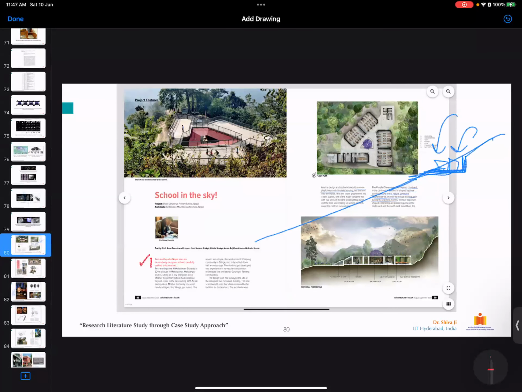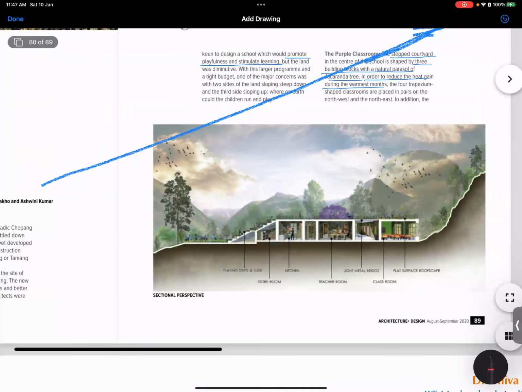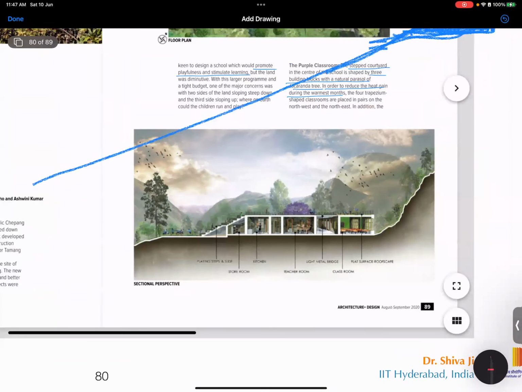Now if you see from real-life case studies, this is one example from Nepal. It's a school. Let me zoom into this section here. It's very interesting. If you see, this is the landform, and they have leveled this portion and created this building.